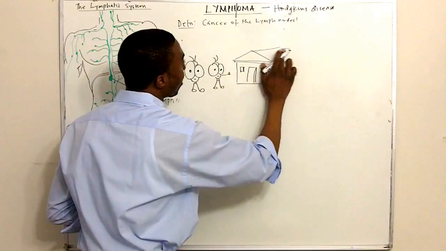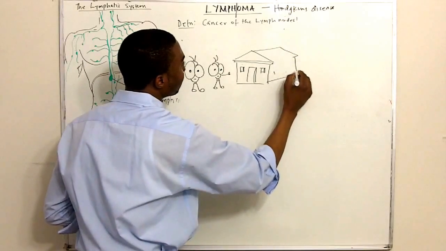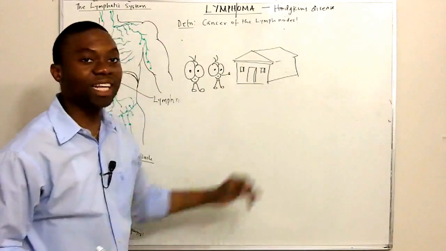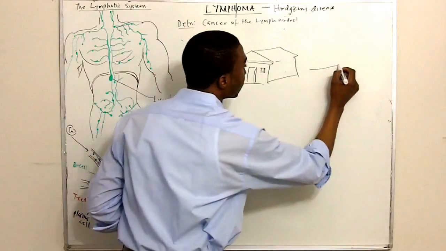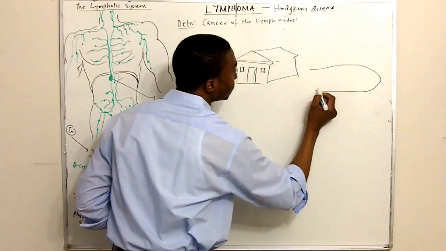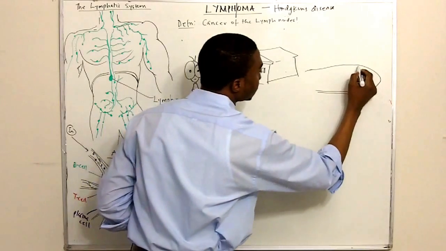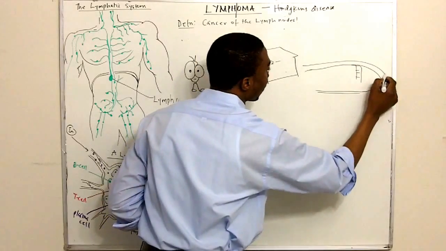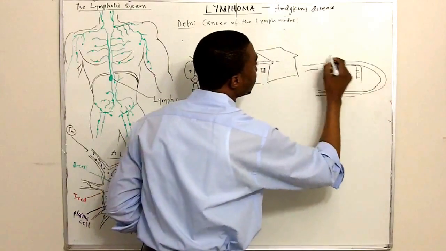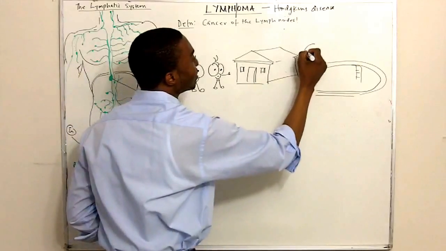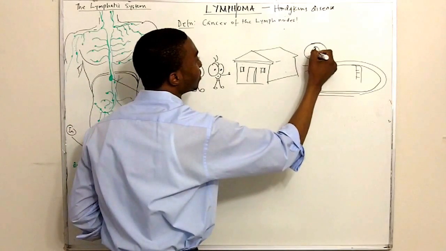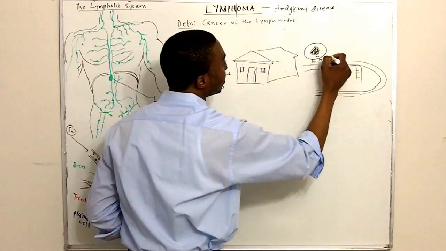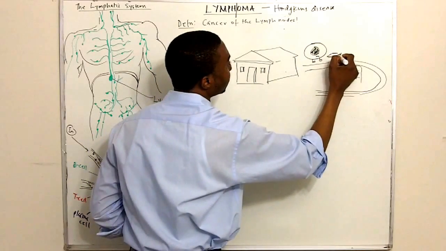The party is going on inside the lymph node. It's a pool party. At the back of the house, there's a nice, beautiful pool, with a lot of guys hanging out around it. We've got B cells, which are lymphocytes, right? Hanging around, having a good time.